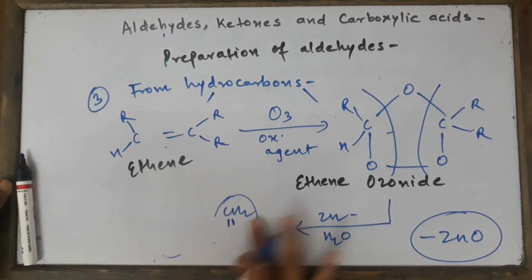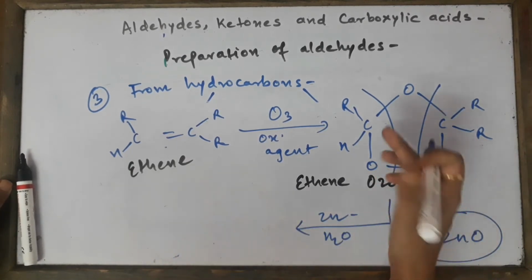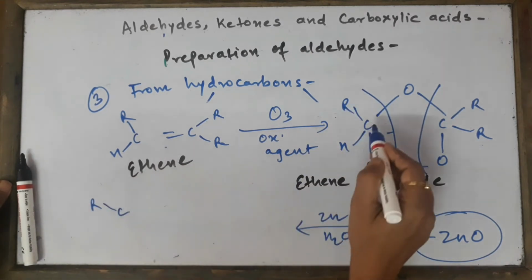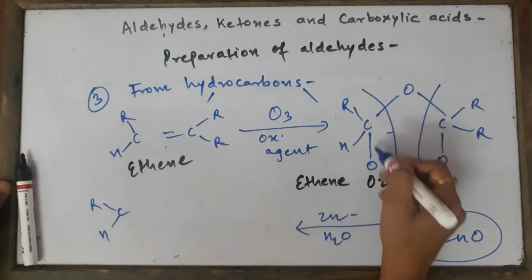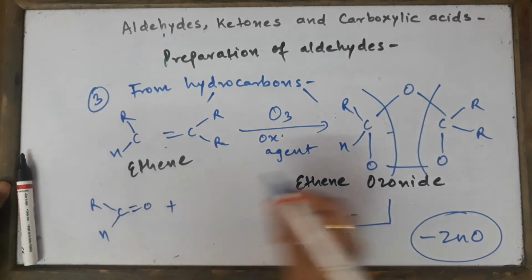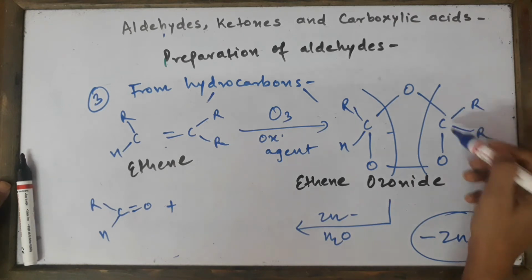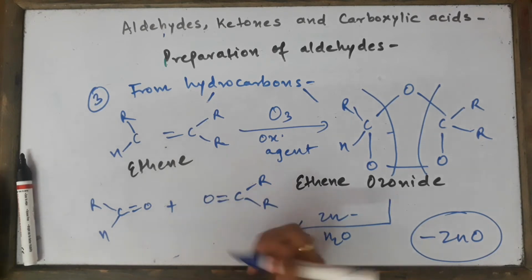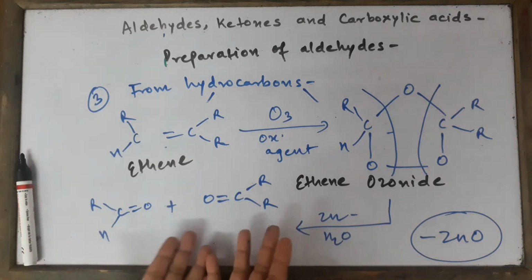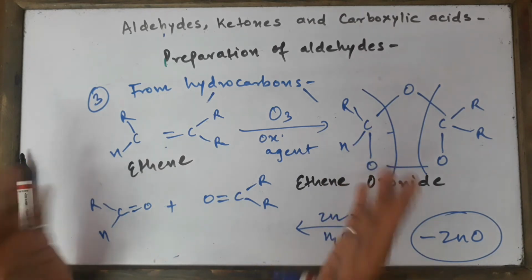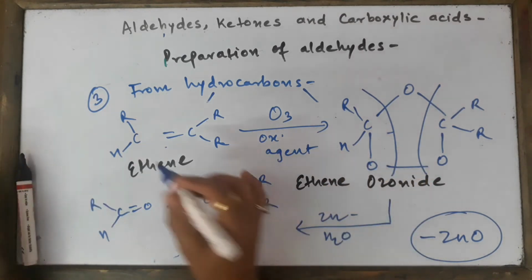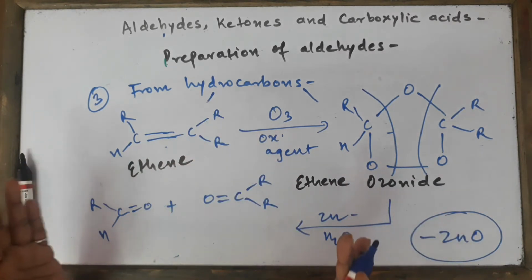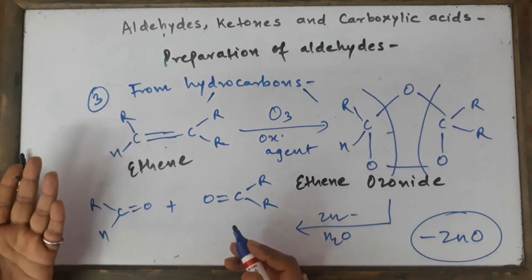It looks like this: R-CH double bond O plus R2C double bond O. So I get an aldehyde and a ketone. So from ozonolysis of alkenes, I can get either aldehydes or ketones or both. This is a fantastic method to obtain carbonyl compounds from alkenes.